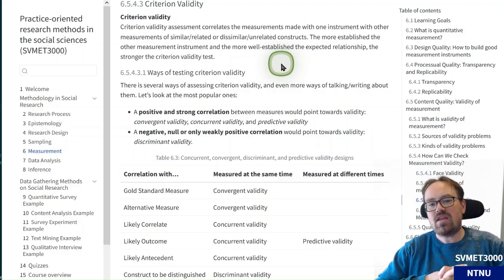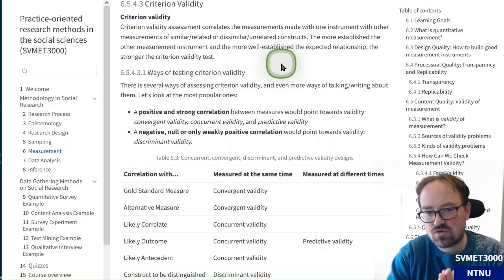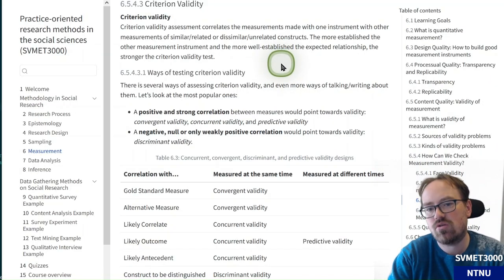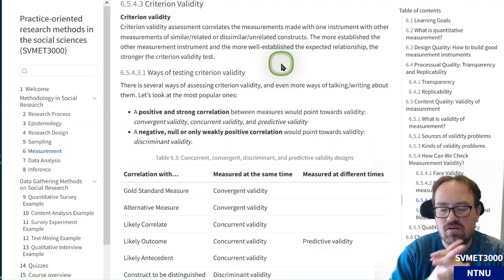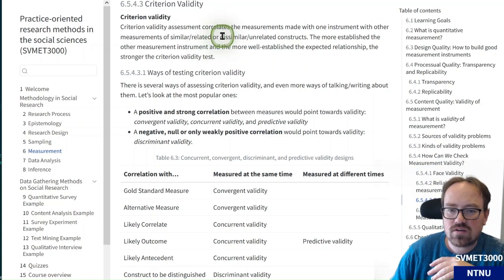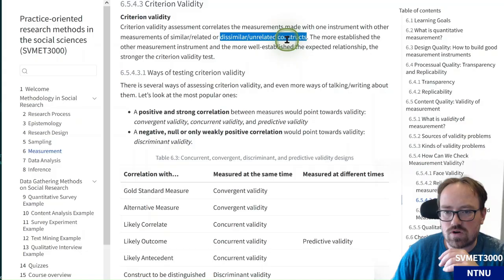So either similar and related constructs, then we want a high correlation, or dissimilar unrelated constructs, then we want a low correlation. There are conceptions of criterion validity that don't consider the dissimilar or unrelated constructs as part of criterion validity.